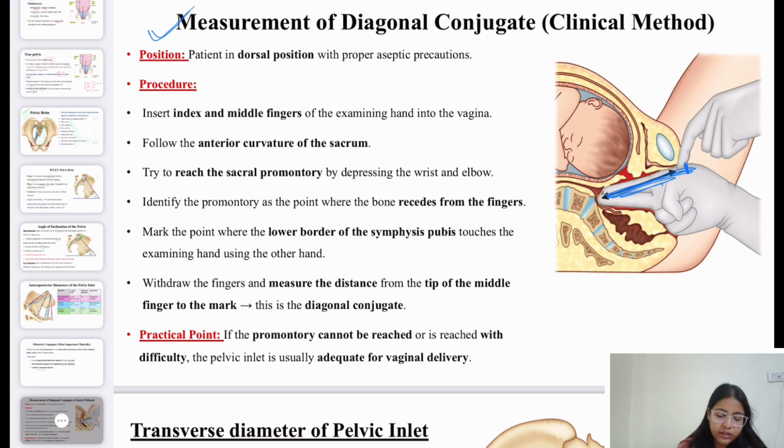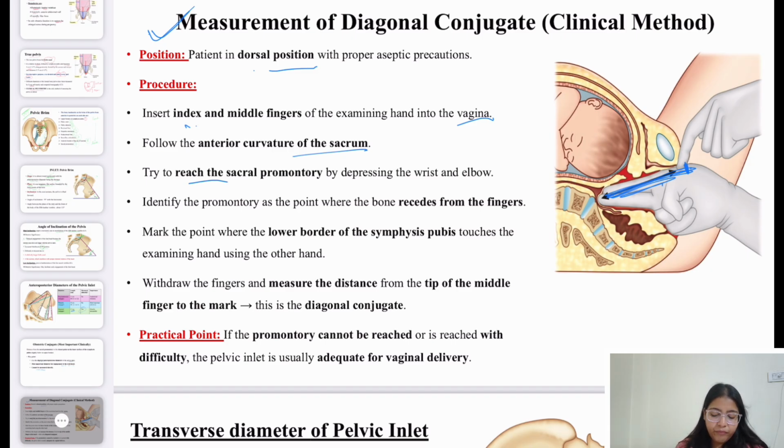So I have just written steps by steps, so it is easier for you to answer. You place the patient in dorsal position, and then you insert middle and index finger into the vagina. Then you follow the curvature of the sacrum, and then you try to reach the sacral promontory. So if a pelvis is adequate, you won't be able to reach, but if a pelvis is short or inadequate, you will be able to reach.